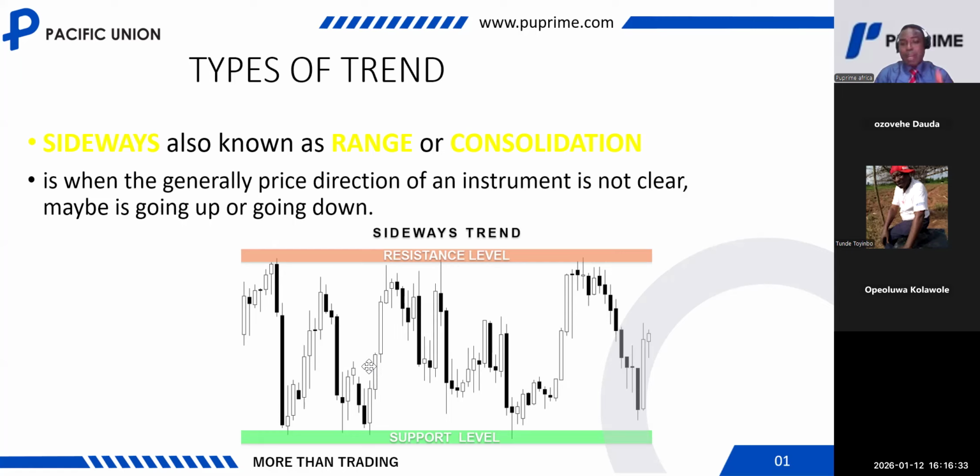Here, price is bound between a set of parallel lines, which can be called resistance or support. Usually, it's advisable when price enters a range zone for you to avoid the market because there's no clarity around price at this particular point. So these are the three types of trend: the uptrend, the downtrend, and the sideways.